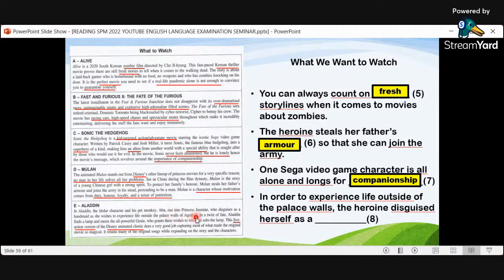Also run into Princess Jasmine, who disguises as a handmaid as she wishes to experience life outside the palace wall. So in order to experience life outside the palace wall, the heroine disguises herself as, is it Aladdin, a handmaid. Alright, so all the answers are actually from the text. You just make sure it is spelled correctly. Okay, right.